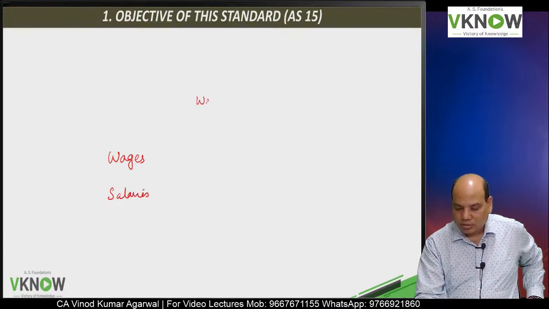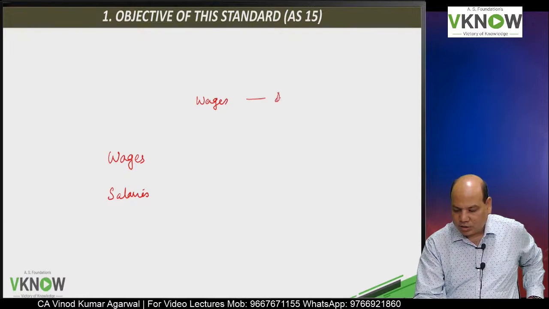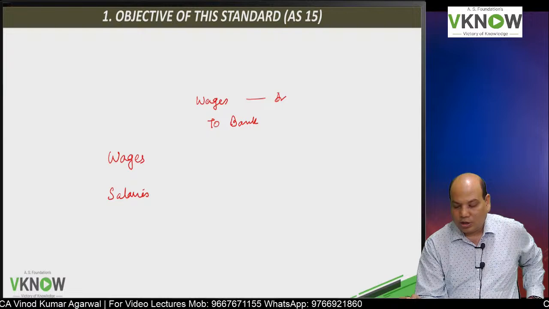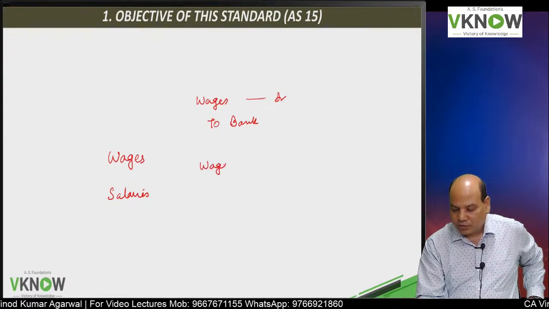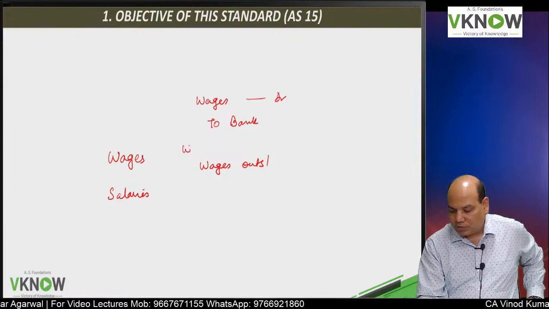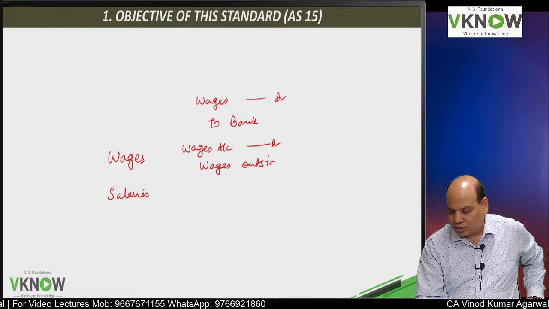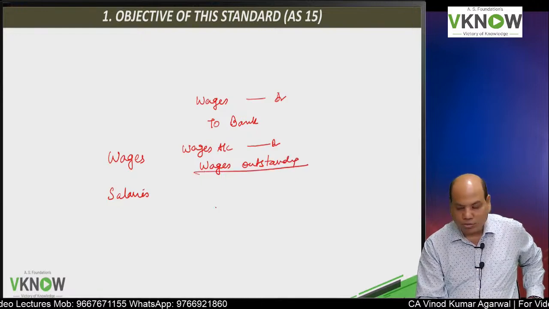You have passed the entry wages account debit to bank account, being wages paid. At the end of the year, if there is a wage outstanding, then you will pass an entry wages account debit to wage outstanding account. And this wage outstanding goes to balance sheet.